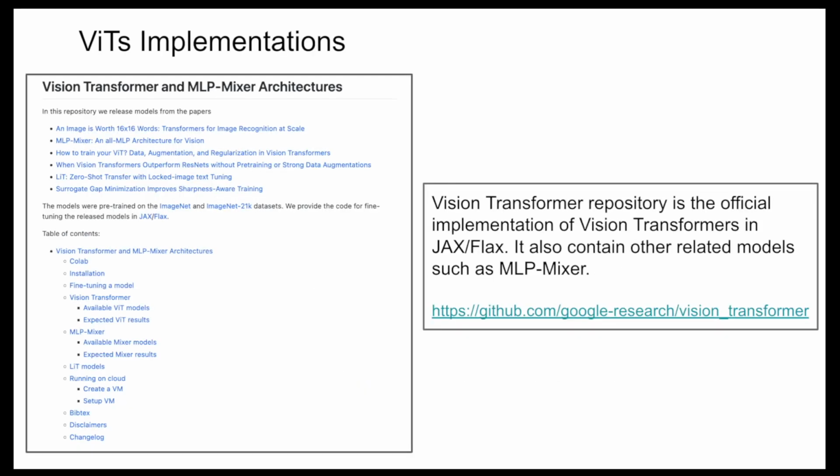So now let's look at ViT implementation. The original ViT paper was implemented in the repository Vision Transformer, which I added here. This is in JAX and Flax, but it also contains other related models and papers such as MLP-Mixer.